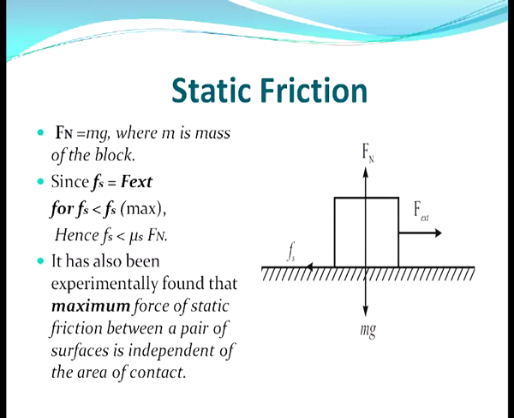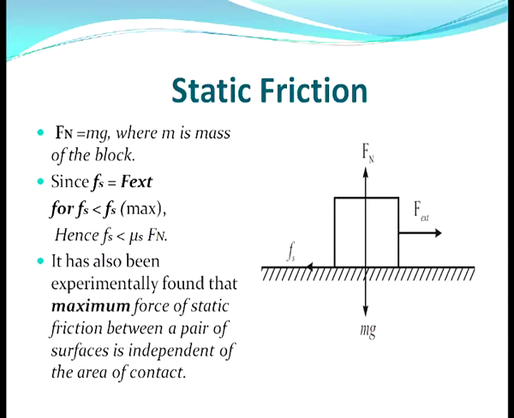It has also been experimentally found that the maximum force of static friction between a pair of surfaces is independent of the area of contact. Here you can see the maximum force of static friction does not depend upon the area of contact.